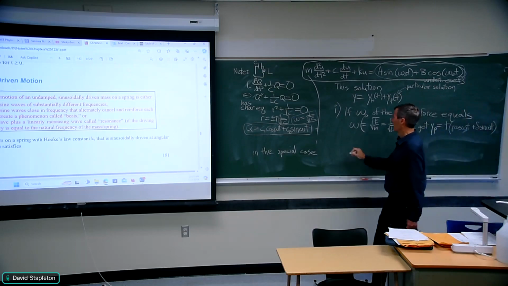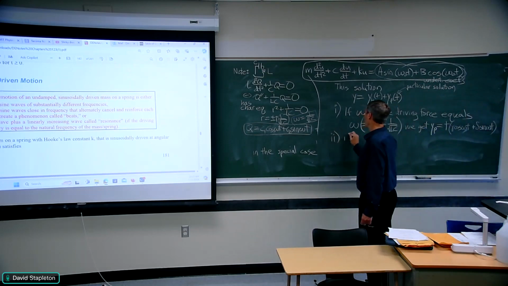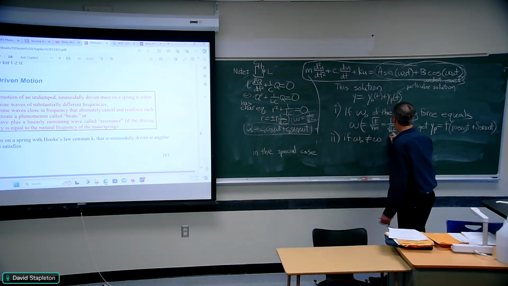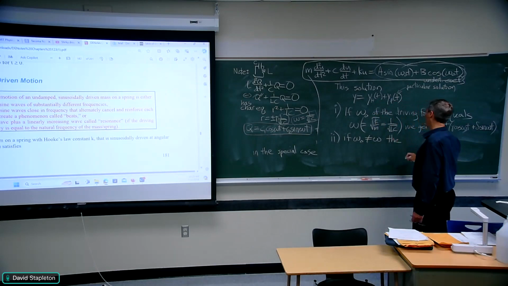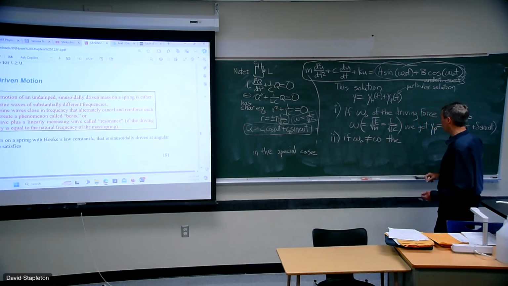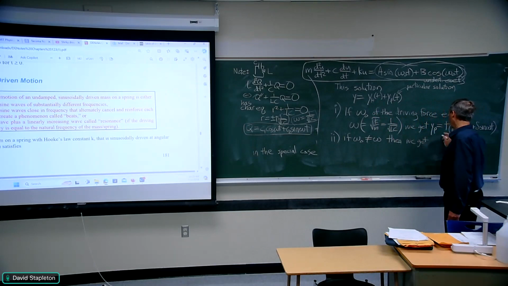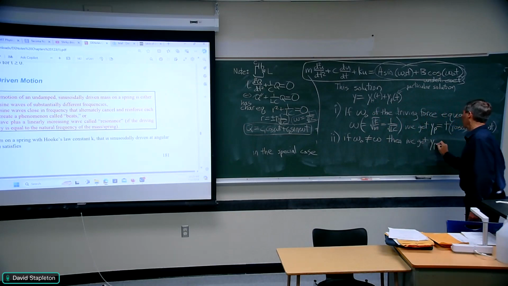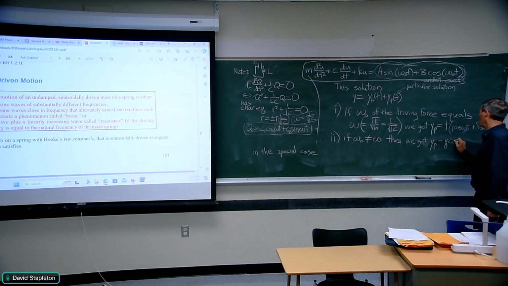But if omega naught is not equal to omega, then the table predicts a particular solution that's not a solution of the homogeneous equation, and we get that yp is the same thing without the t. yp is equal to just a sine wave, gamma cosine omega t plus delta sine omega t.